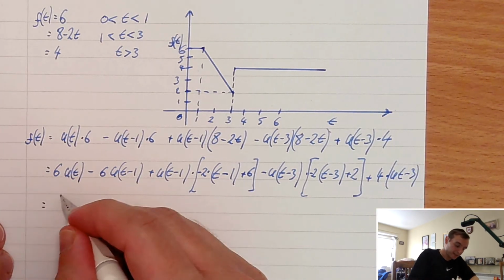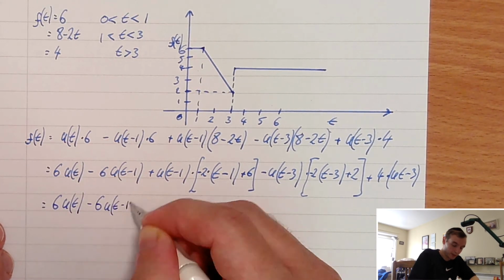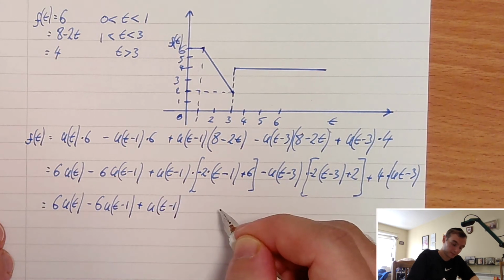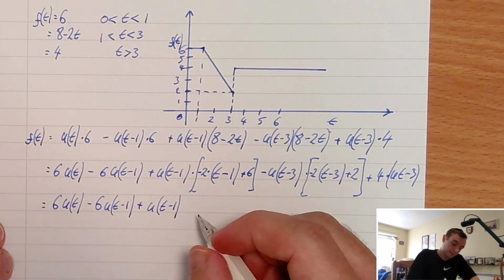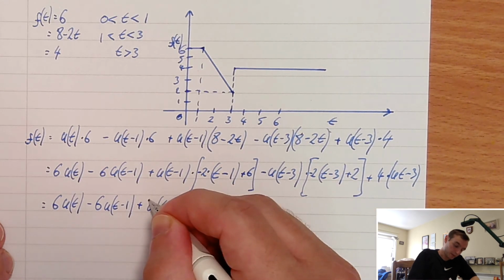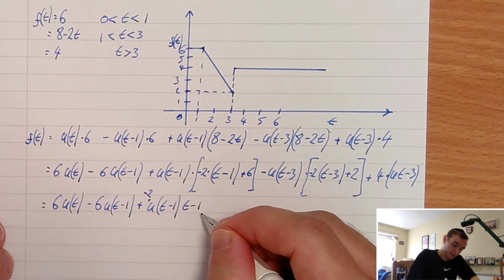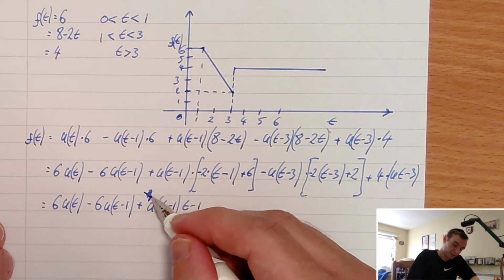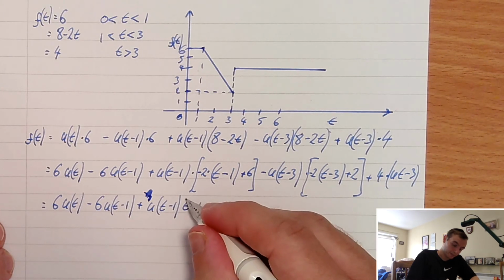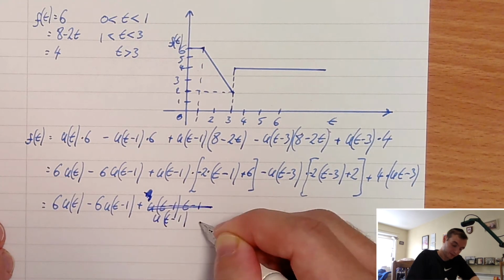So let's simplify that. So you can say 6u(t) minus 6u(t minus 1) plus u(t minus 1). We can do a minus 2 over there, should have been t minus 1. Oh, I've kind of mucked that one up.